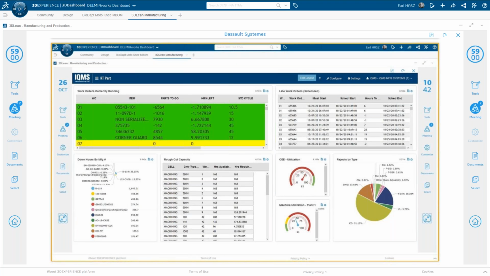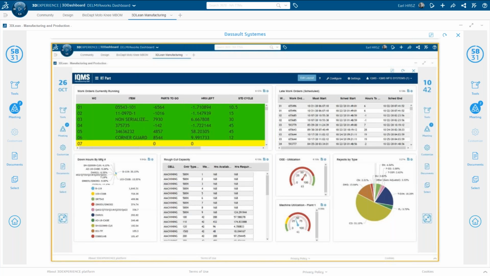And I want to note here that this entire webinar has been presented on the 3D Experience platform using an application called 3D Lean. This app allows you to collaborate internally with team members and colleagues or externally with customers, vendors, and suppliers. It allows you to capture critical input or information during meetings, which can be easily converted into action items and projects, complying with lean principles and methodologies.